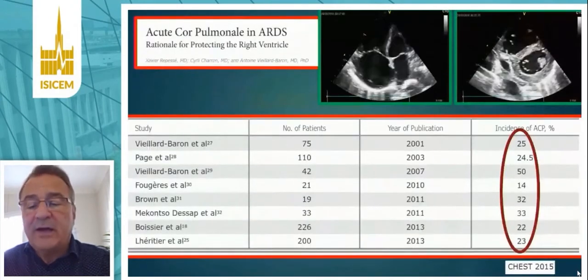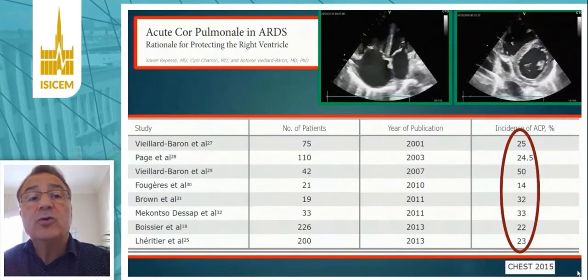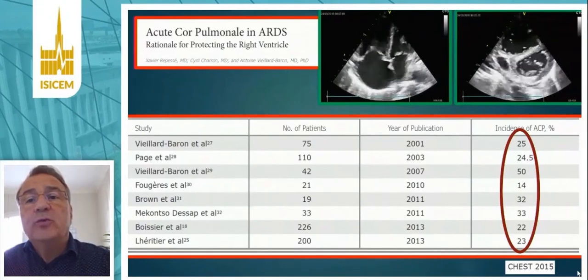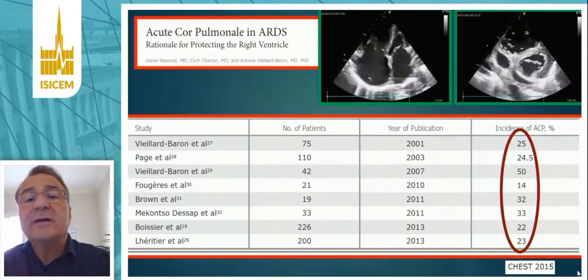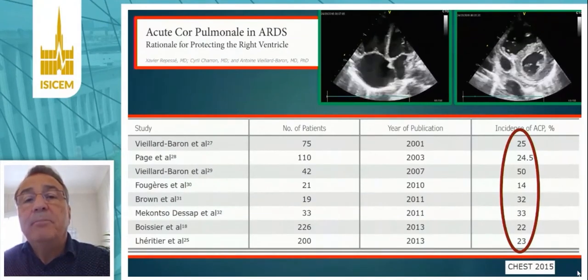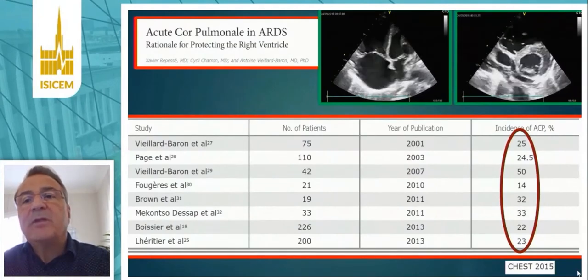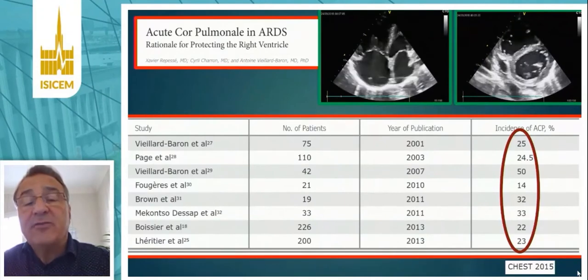And if you increase the afterload of the right ventricle, you may induce what we call an acute cor pulmonale during ARDS, and you have a very nice echo image on the right-hand side of the slide. You see that you have a very big right ventricle due to pulmonary artery hypertension, and a big right atrium as well.